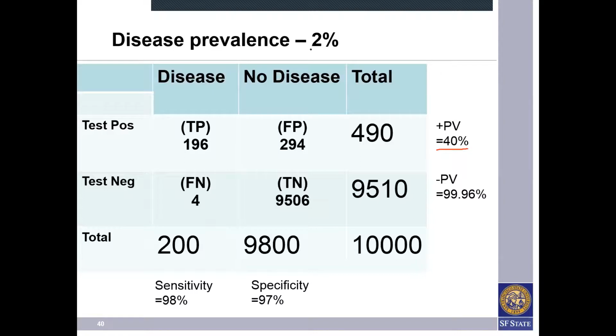Because the disease is so rare, 2%, the effect of the lack of specificity is actually greater than the prevalence of the disease itself. So for a really rare disease, losing out on specificity will leave you with mostly false positives.